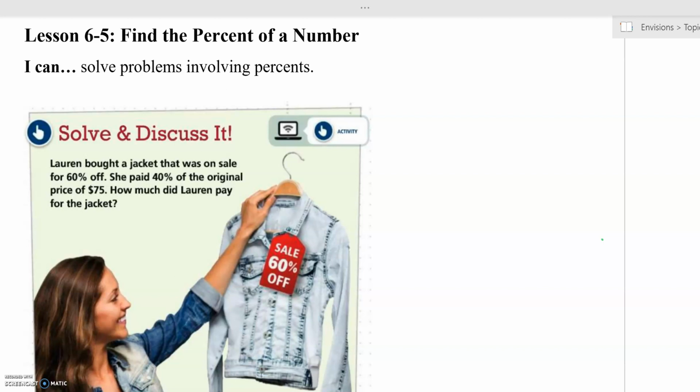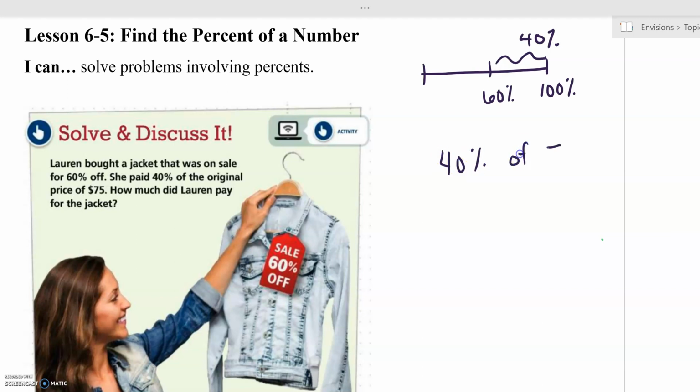Okay, so here's a couple things that we can look at. So we know that the full price of the jacket would be 100%, but 60% of it is off. So she's only paying this 40% here. Okay, so there's a couple ways I could figure out what is 40% of 75, and you can do that multiple ways.